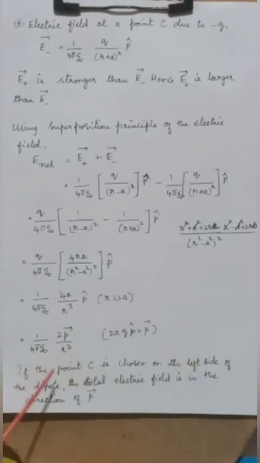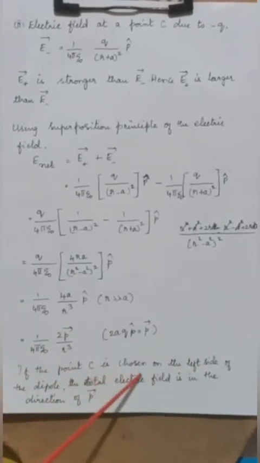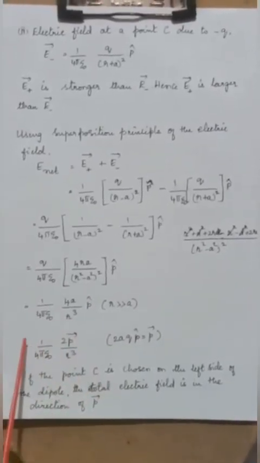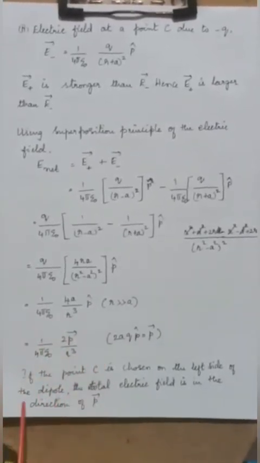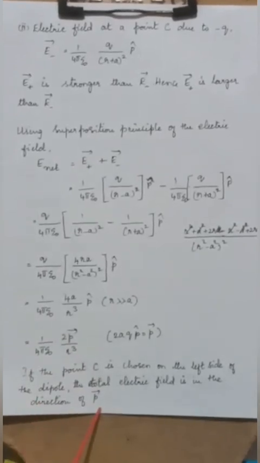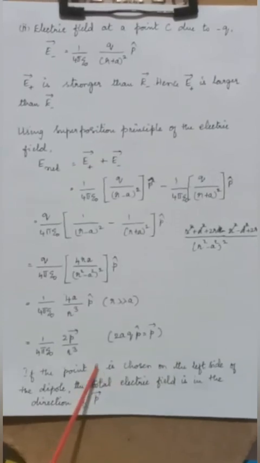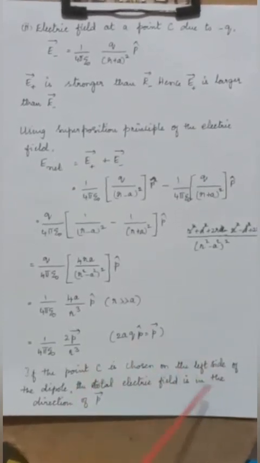So what this says is that if the point C is chosen on the axis, this is going to be the magnitude. Then about the direction, it is along the dipole. Along the direction of the dipole, the electric field is going to act, where C is chosen on the left hand side. Did you understand?